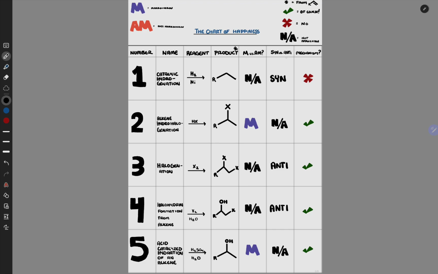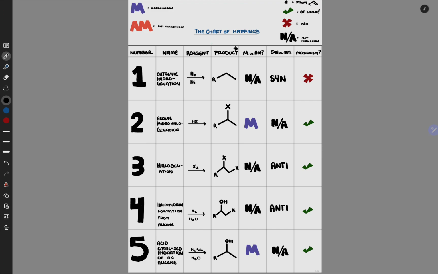We go over whether or not they are syn or anti-addition, and we go over whether or not we need their mechanisms. So this is kind of just an easier way to organize it in terms of everything. It's a little more all-encompassing. I recommend too, there's probably things I'm leaving out. This is made right after class, and so maybe I haven't thought of something. I recommend you make your own chart or make your own graph, or however you like to study. This is just an example of what I've done in order to help study more for this test.